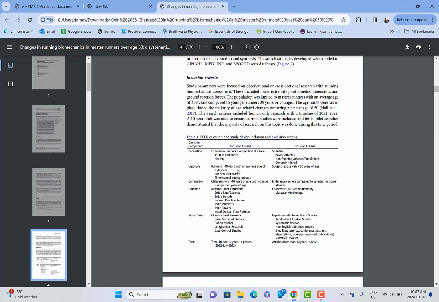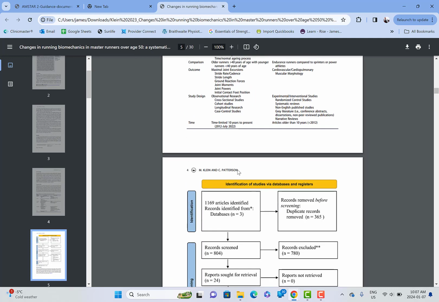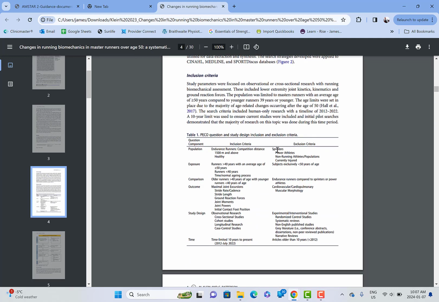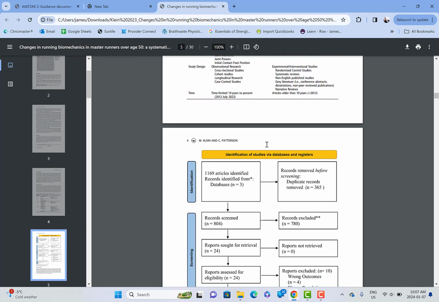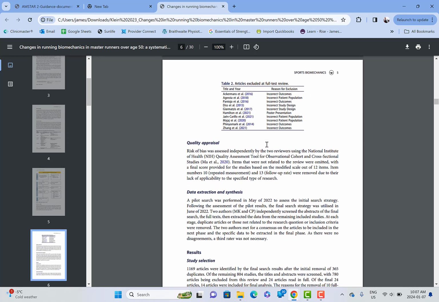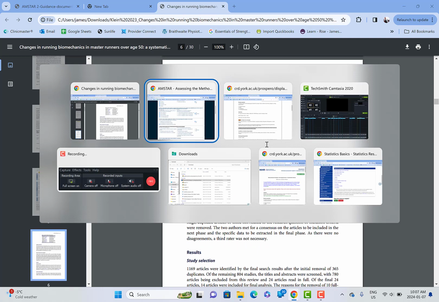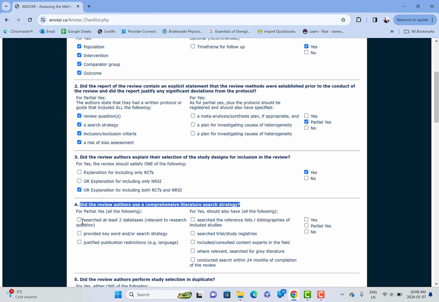They provided their keyword search strategy, and they justified the restrictions that they put on their search strategy as well. So we can definitely answer partially yes. For answering full yes, they only met one of the criteria listed here, and that's that they conducted the search within 24 months of completion of the review. But none of these other criteria were met. So we'll answer partial yes.